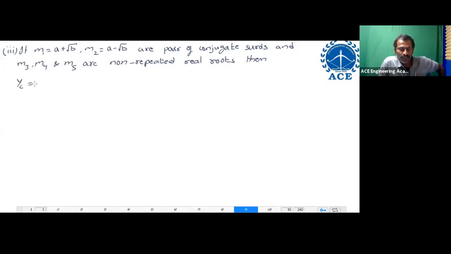A plus root of b and a minus root of b are also real, but a pair of conjugate surds. All five are non-repeated, so we can write the linear combination of 5 independent solutions.